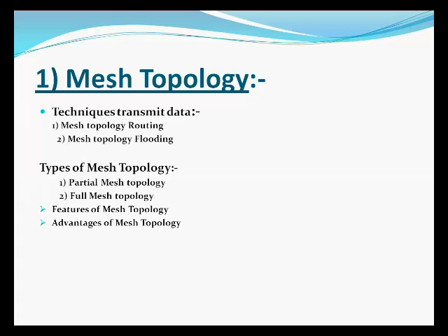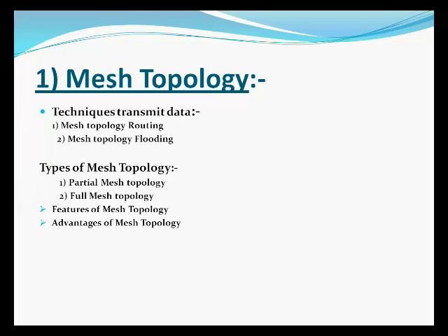Second is the advantages of mesh topology. No data traffic issues, as there is a dedicated link between two devices, which means the link is only available for those two devices.